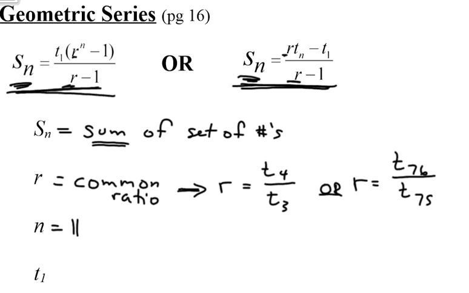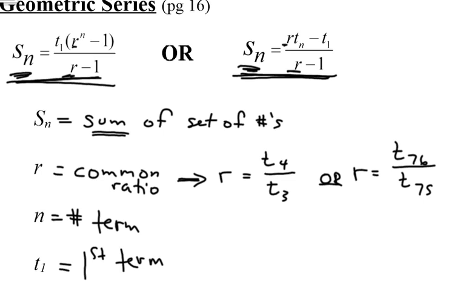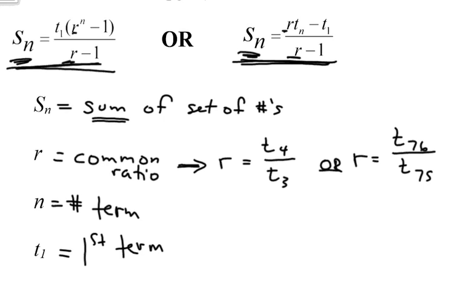N continues to represent the number of terms in our series. T1 is the first term. Knowing what we're starting with is always beneficial. So there are 2 new formulas using the same variables. If we take a look at the 2 formulas, which one's nicer to work with than the other? Well, I'm not sure it really matters.